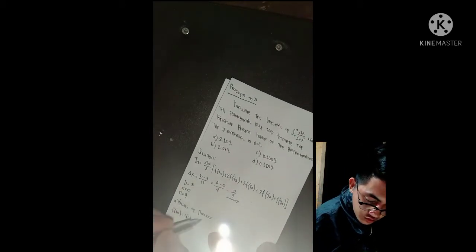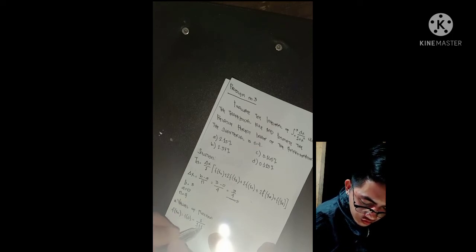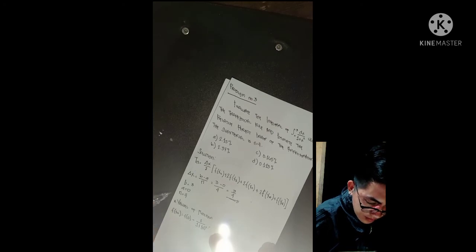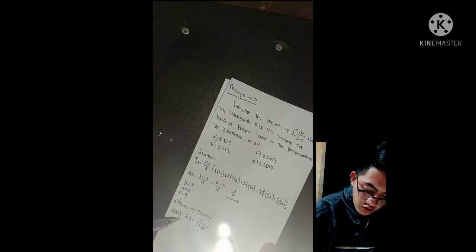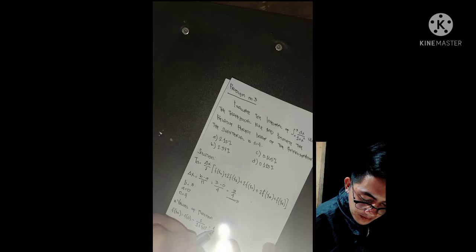So it's equal to 1 all over 1 plus x squared, where the value of x is equal to 0. So 0 squared, so 1 all over 1 plus 0 squared is also equal to 1.